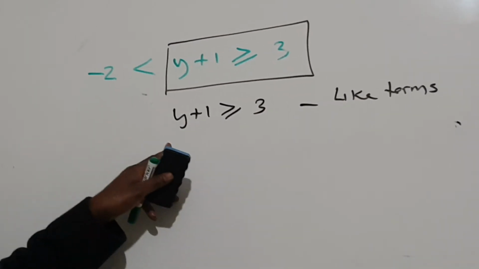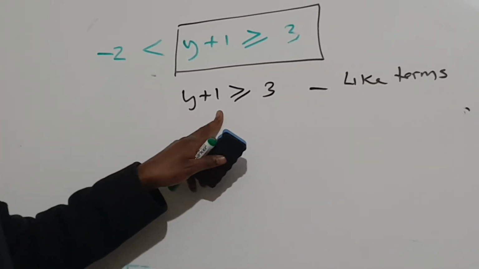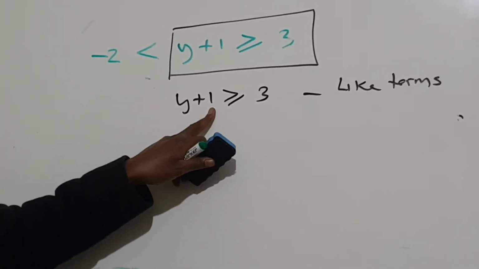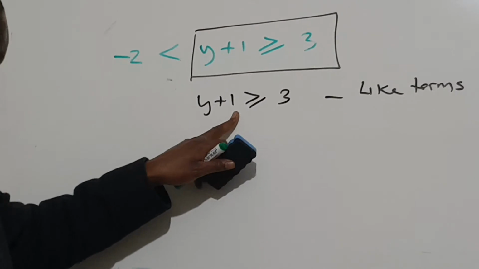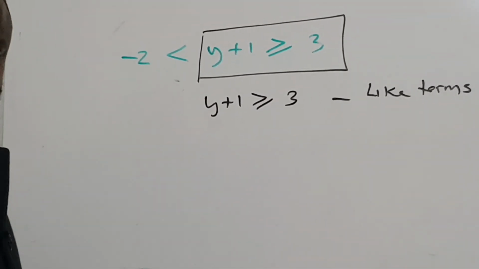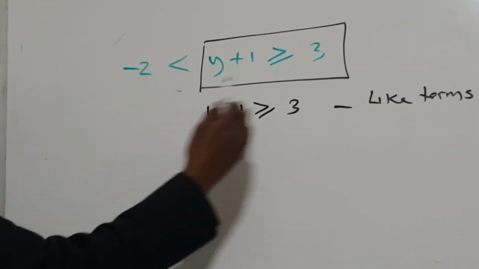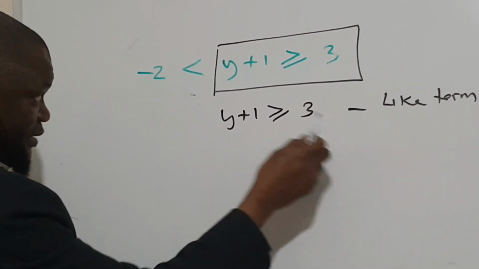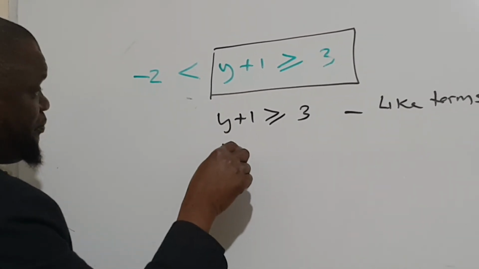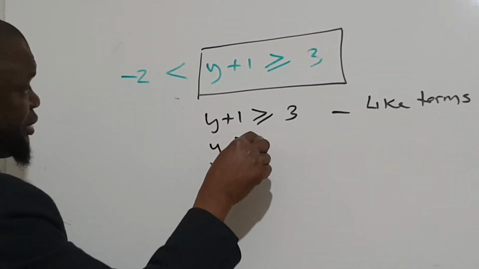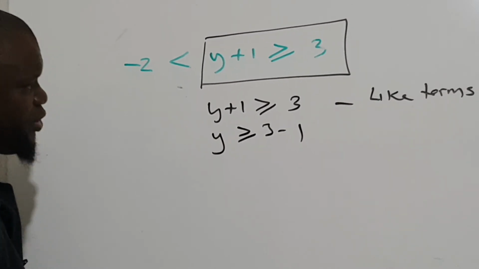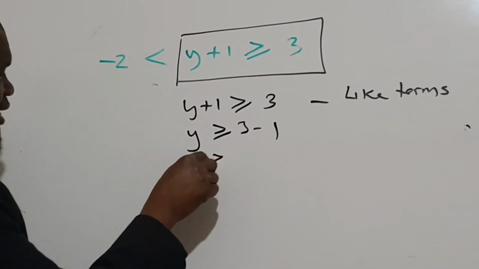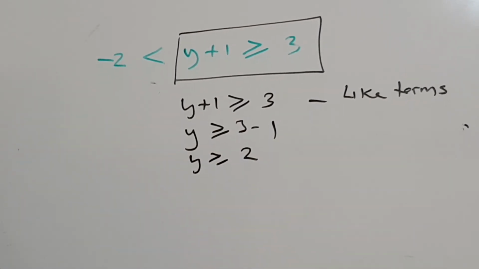One is a letter, one is a number. Mathematically, this is a variable, an unknown, and this is a known number, because the value of 1 is always 1. But this we don't know. So we put the like terms together. That means 1 has to move to the other side where 3 is. Therefore, y is greater than or equal to 3 minus 1. Why minus 1? Because we move 1 over the equal sign. You get it? So y is greater than or equal to 2.